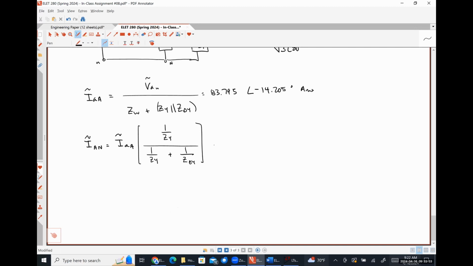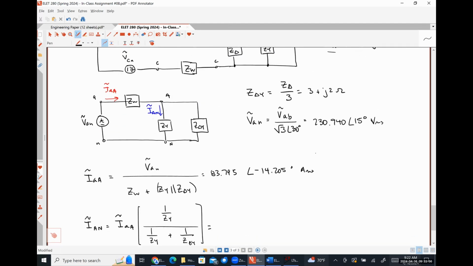Okay. So we can throw this into our calculator. That's going to be that answer. Let's store that as Z. So I'm going to have 1 over 10 plus j3, 1 over 10 plus j3 plus 1 over 3 plus 2i.